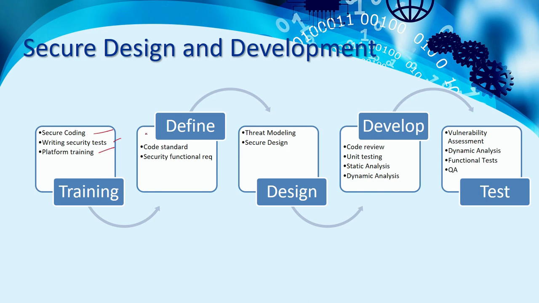So it could be anything related to your development environment, or any technology that you are using in your development. So everything from the training point of view has to be covered for the team. It includes the development, operations, and security that all receive the additional training on the cloud security.